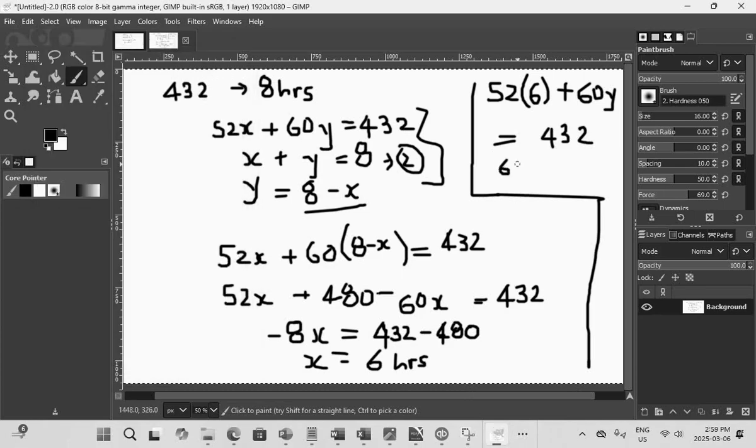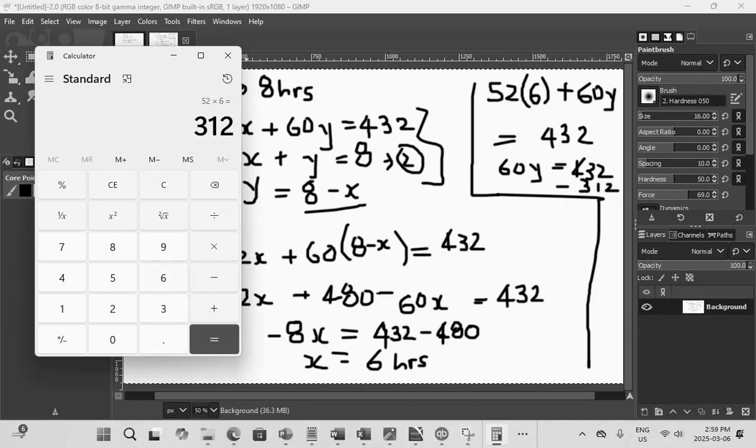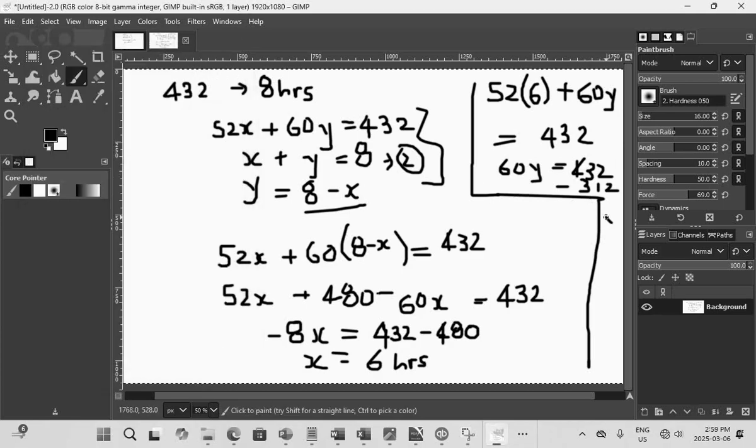So 60y equals 432 minus 312. Therefore y will be 120 divided by 60, which is 2 hours. So y is 2.